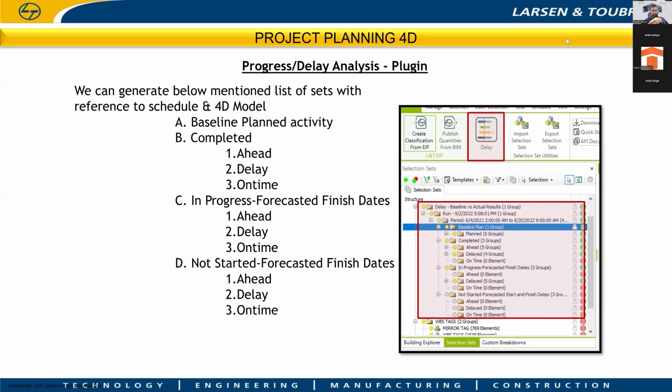It will ask you to define the time frame as a parameter. Once you define it, it will export a proper report of what my planned activity and completed activity were within that particular time frame.